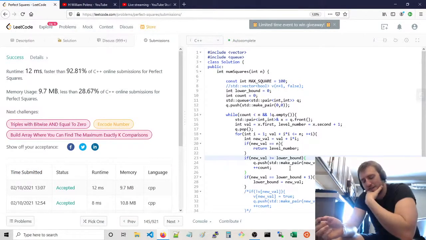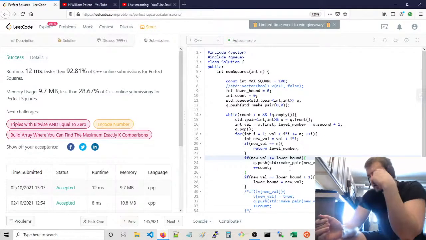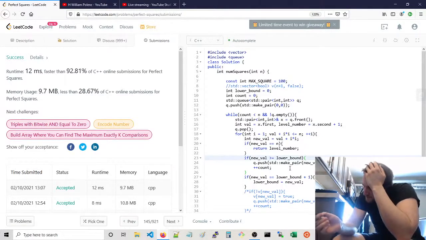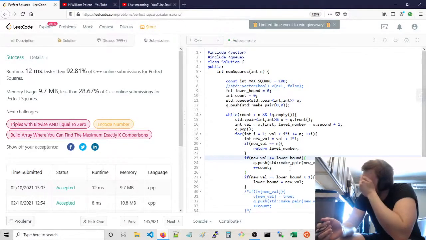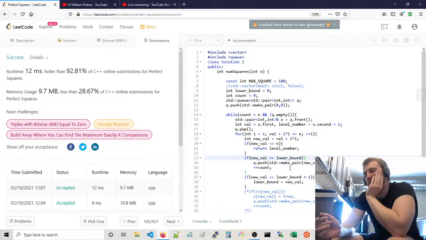No, I don't know, actually. I think I need to use something like that set or that vector. I don't know how I can get away with this without using that much memory.